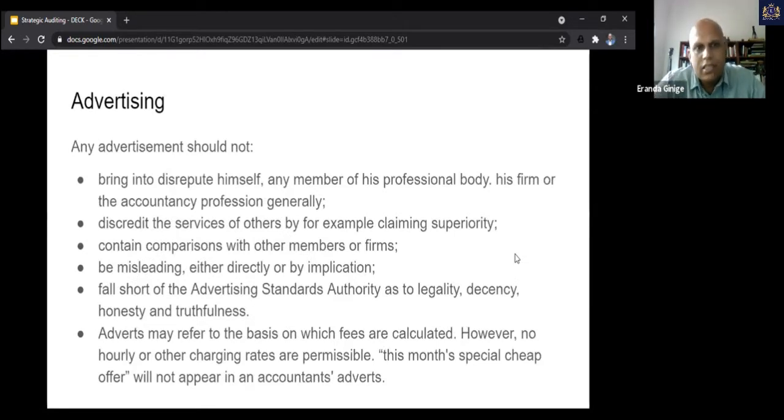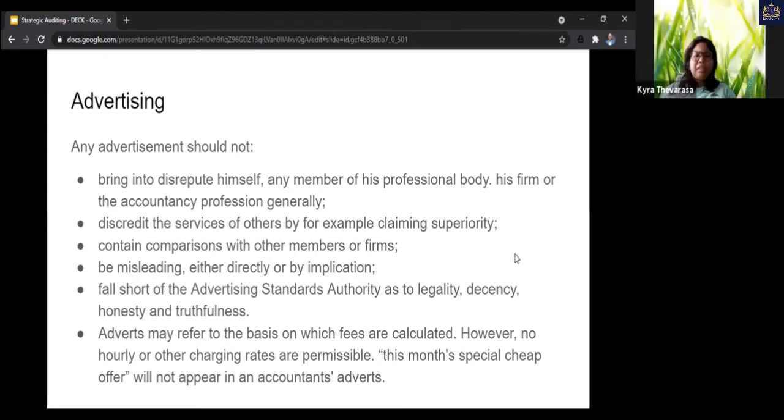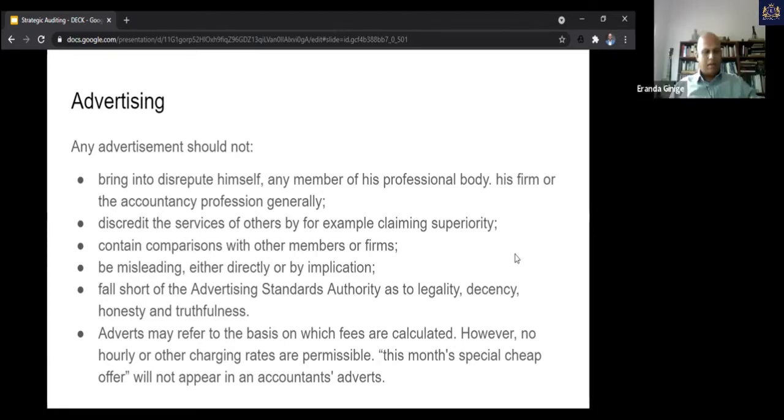This is tied to the question that you asked: how are you going to find these auditors? They need to advertise themselves, but they can't advertise like anybody else. They need to be extra cautious. They should not bring disrepute to themselves, the members of their professional body, or the general profession.